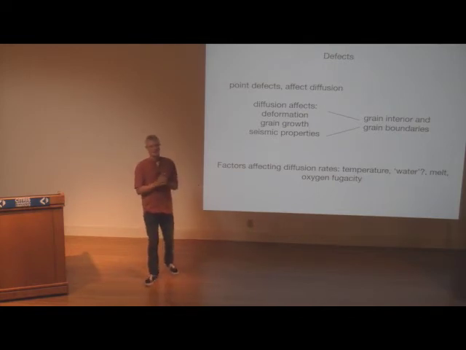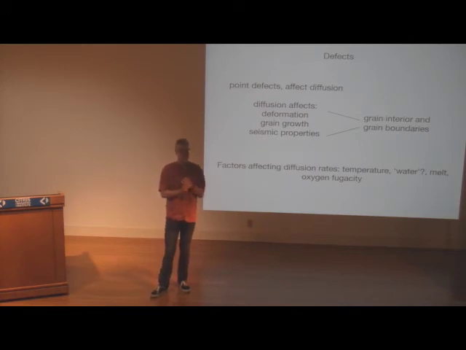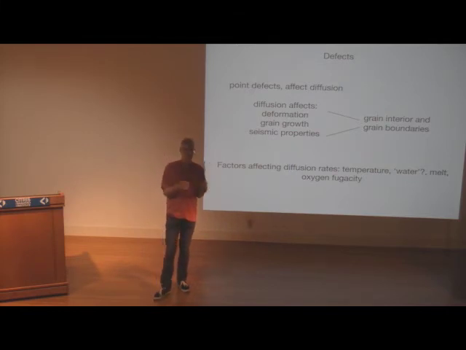So that's again something that's active research, right? As you say, a lot of people do experiments on forsterite because it's much simpler, because you don't have to control oxygen fugacity. With Fo90, if you have iron-bearing olivine, you need to control the oxygen fugacity because iron can change oxidation state, as does chromium as well.